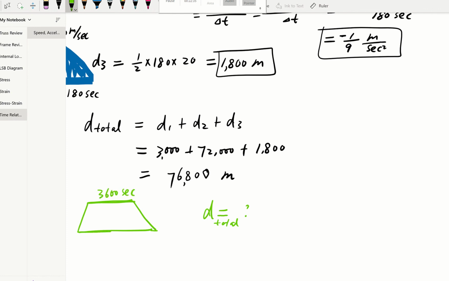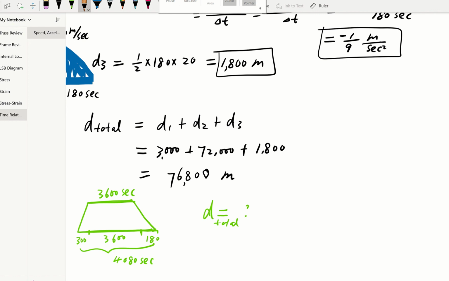And this entire base, which is acceleration and smooth sailing plus deceleration, so this part we said is 300, this part we said is 180, and this middle part is 3,600. So add them together, the base will be 3,600 plus 480, that gave us 4,080 seconds.